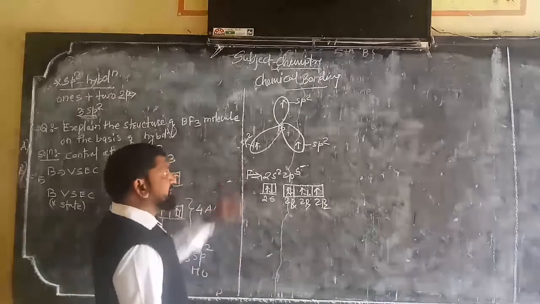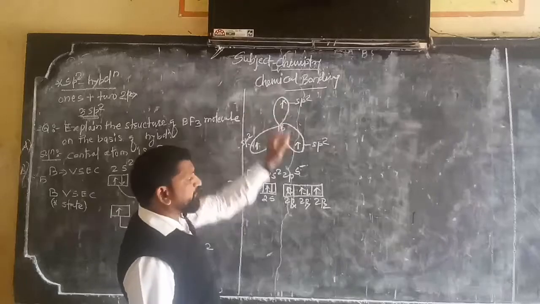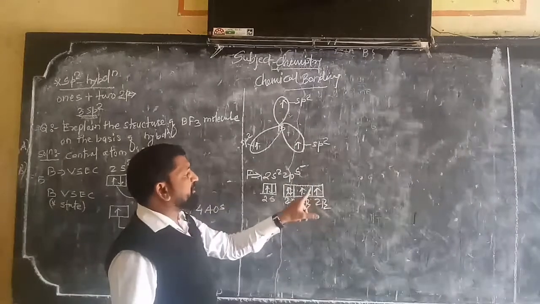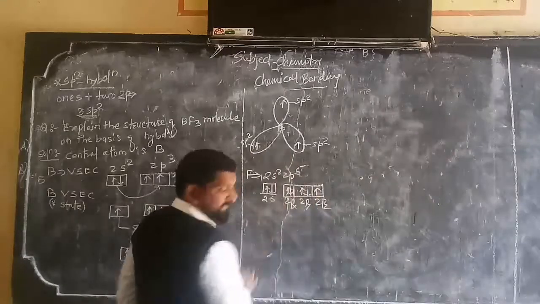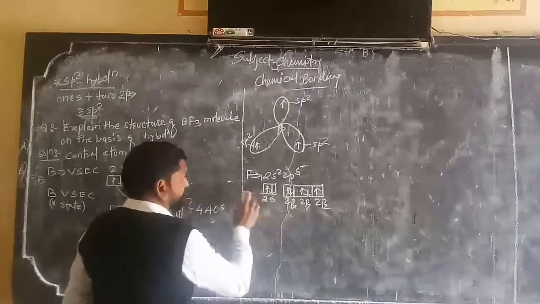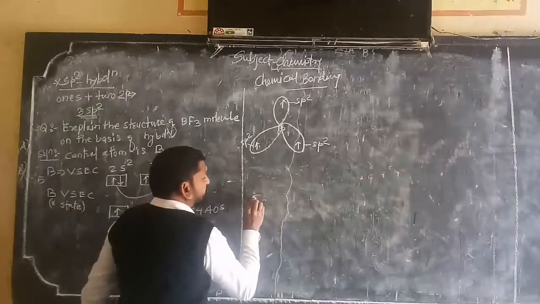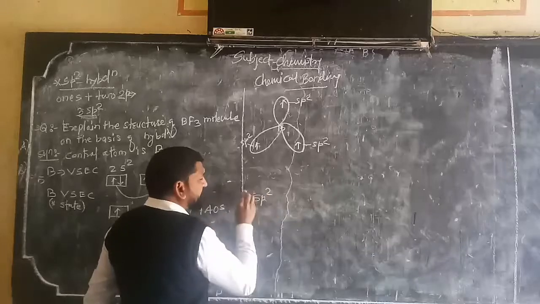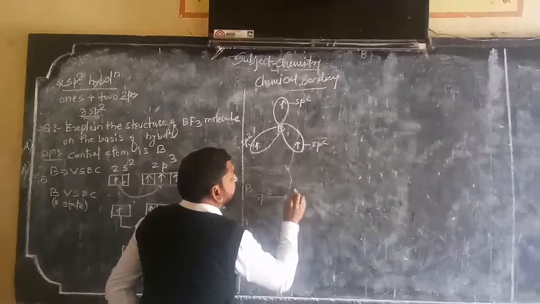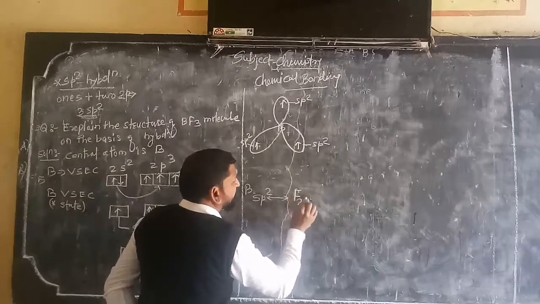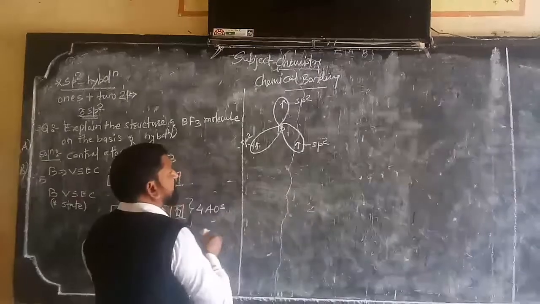Each of these sp2 hybrid orbitals of boron will overlap with the 2pz atomic orbital of fluorine. Each sp2 of boron will overlap with the 2pz orbital of fluorine, and such an overlapping will take place.